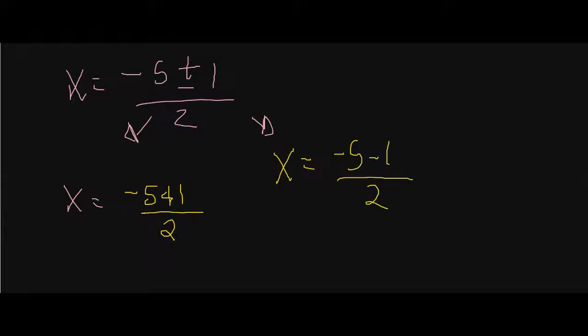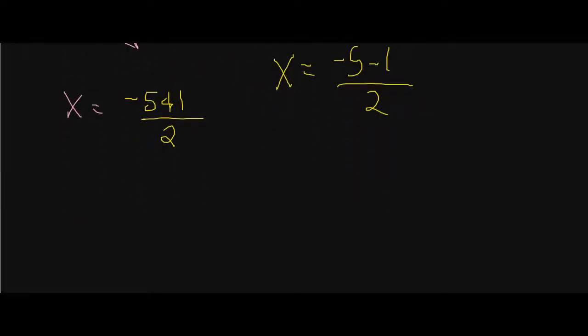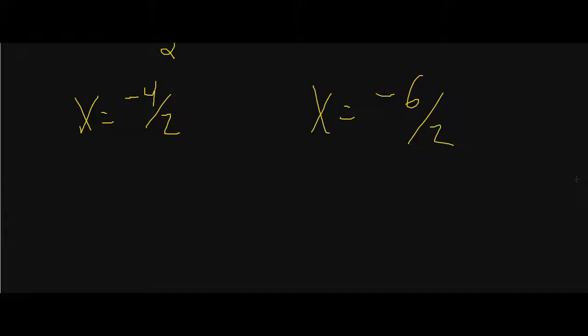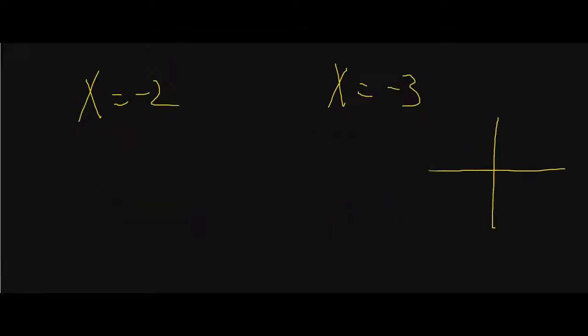Now x is equal to negative 5 plus 1, which is negative 4, all divided by 2. And then x is equal to negative 6 all divided by 2. We're going to get x is equal to negative 2 and x is equal to negative 3. So that means that our roots are located at negative 2 and negative 3.